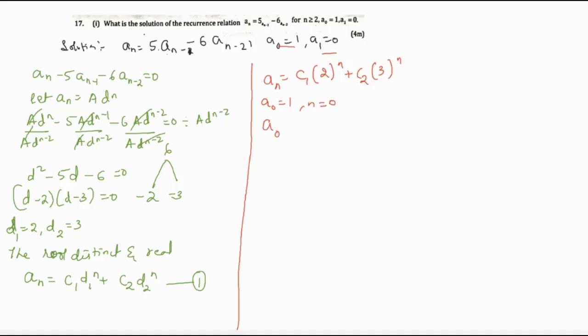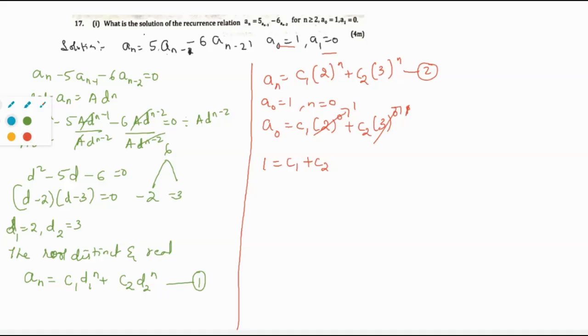Now substituting a_0 in equation 2, with n equal to 0, we get c1 of 2 power 0 plus c2 of 3 power 0. Anything raised to the power of 0 is 1. So we get a_0 is 1, so 1 equals c1 plus c2. Then we take the second condition they have given, a_1 is equal to 0, means n is equal to 1.